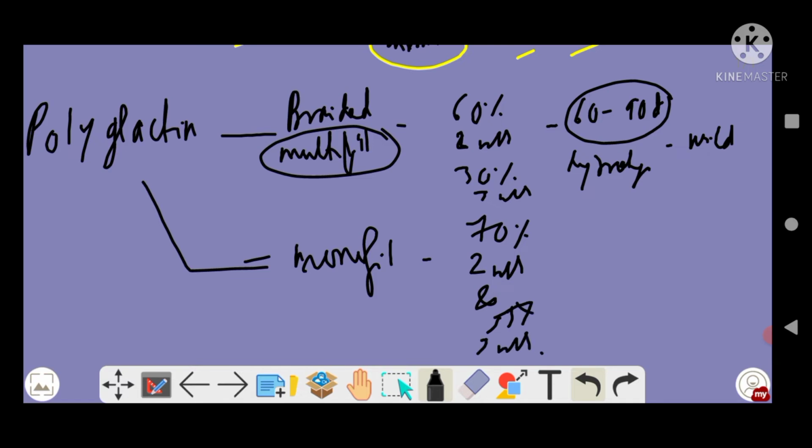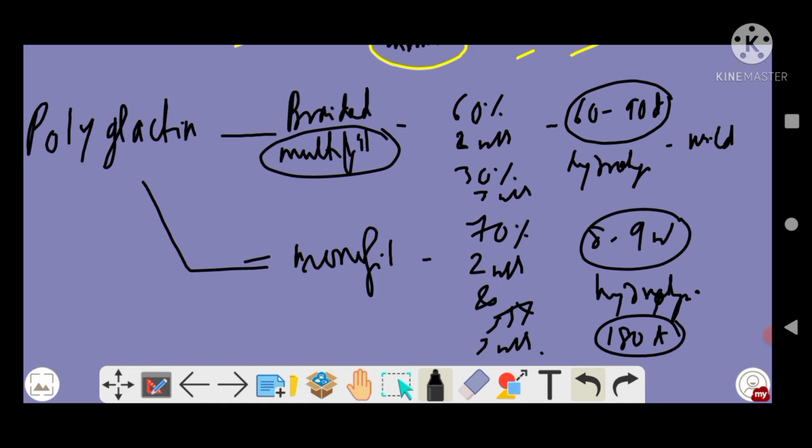All right, now regarding your absorption rate, it remains by 8 to 9 weeks. All right, and it is by hydrolysis, but for complete absorption it will take 180 days. Okay, and tissue reaction is mild here.